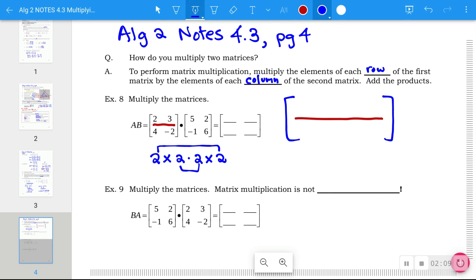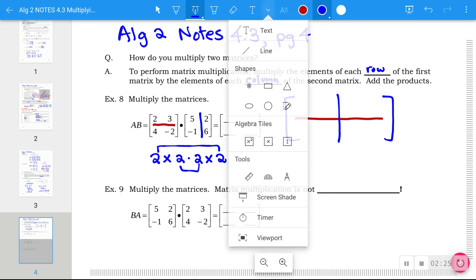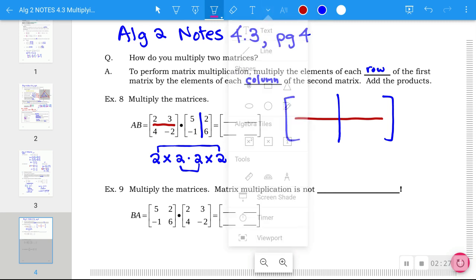Now the columns in the other one are what you care about, so we're going to divide the columns up in that one too. You can see that I have 4 spots over there, arranged 2 at the top and 2 at the bottom. This will eventually give us a 2 by 2 matrix like we were hoping.